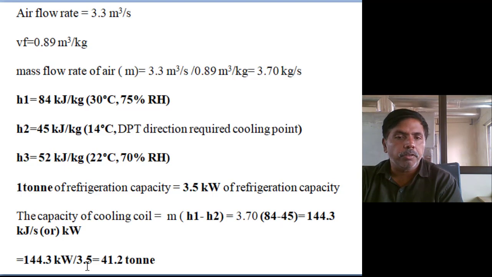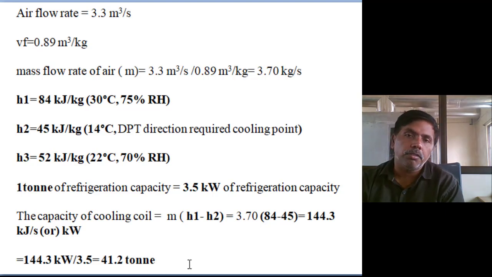Divide by 3.5, you will get the ton of refrigeration, 41 ton. Already I mentioned, based on the mass flow rate itself, it is an industrial model, not household utilities. So 144.3 kilowatt divided by 3.5, you will get 41.2 tons of refrigeration capacity required for cooling and dehumidification, for cooling coil capacity.